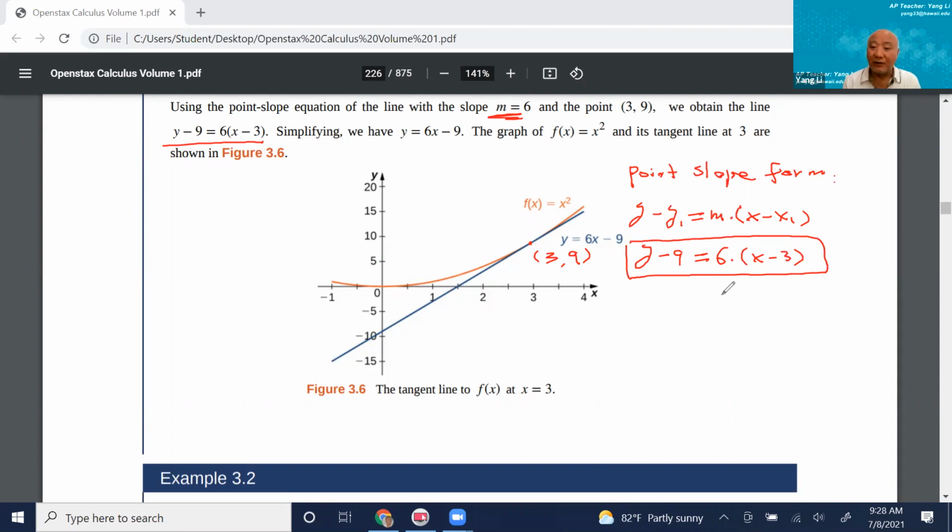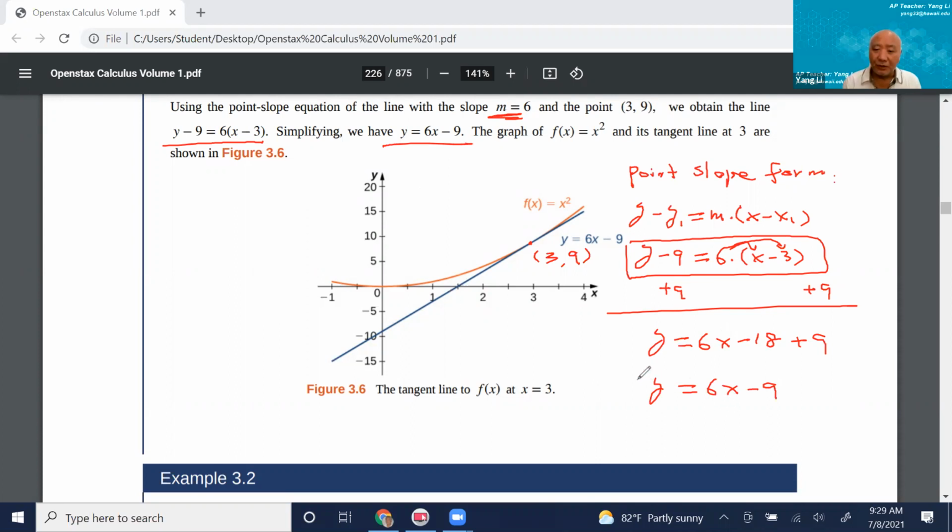And we can simplify this one. We add 9 on both sides. So we will get y equals 6. So this one times this one, 6x. This one times this one, minus 18 and plus 9. Finally, we got what? y equals 6x minus 9, which is this one here.